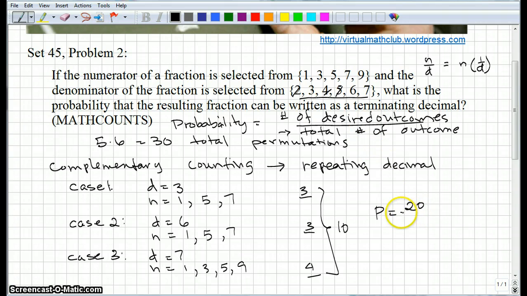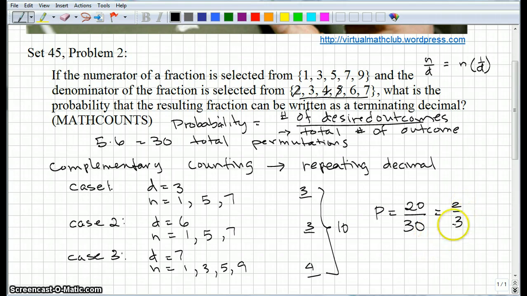So 20 combinations of numerator and denominator are going to give us a terminating decimal, out of 30 total. 10 are repeating, that means 20 had to be terminating. And that gives us a probability of 2/3.